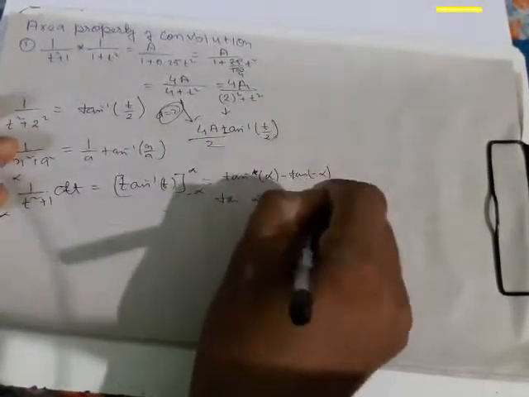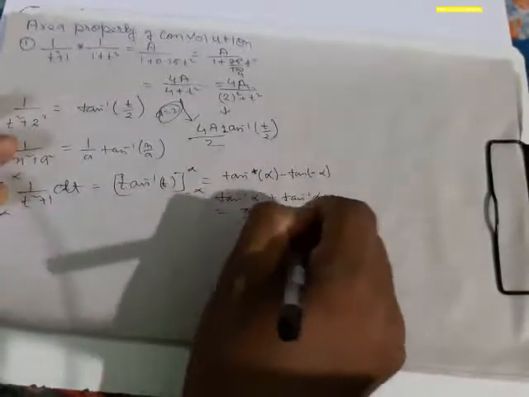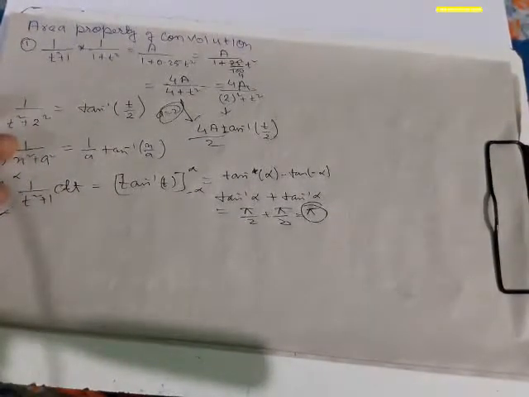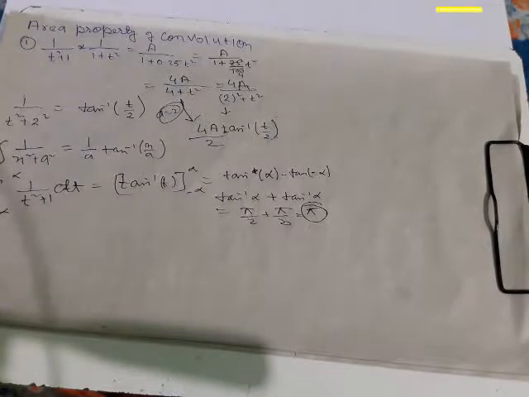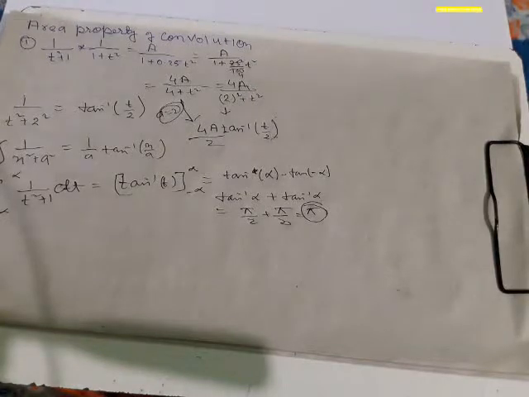That means 4a by 2 equals pi, so 2 cancels out, equals pi by 2. Now see the next property: if we shift the input x of t by alpha and the impulse response h of t by beta, then the output y will be written as y of t minus alpha minus beta. This is the property.